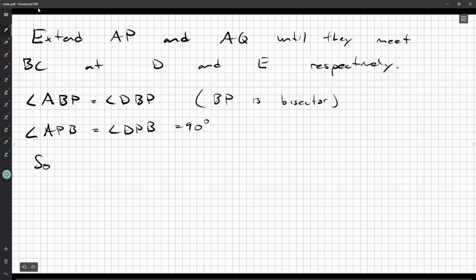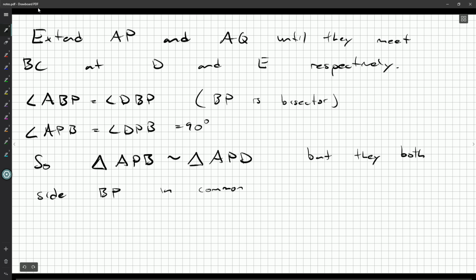So triangle APB is similar to triangle DPB, but they both have side BP in common. So in fact, APB is congruent to DPB.